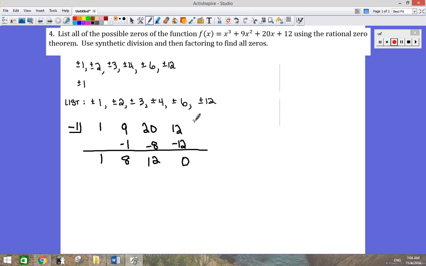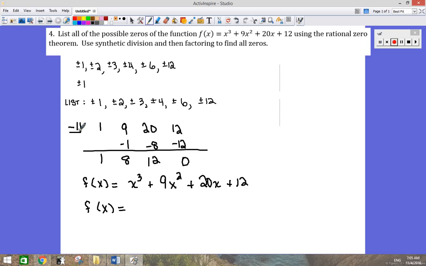So now what we've discovered is that we can take this original third degree polynomial function that we did not have any kind of a method, an x method, or a factor by grouping. We didn't have any way to factor this. But now with this theorem, and using this theorem in conjunction with this synthetic division, we can now factor this.